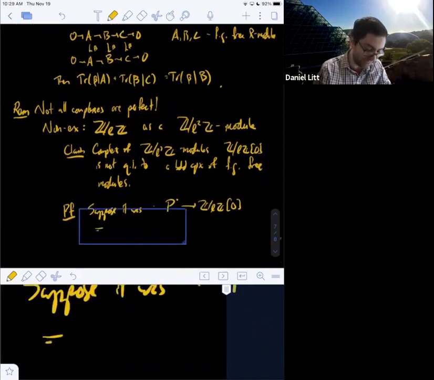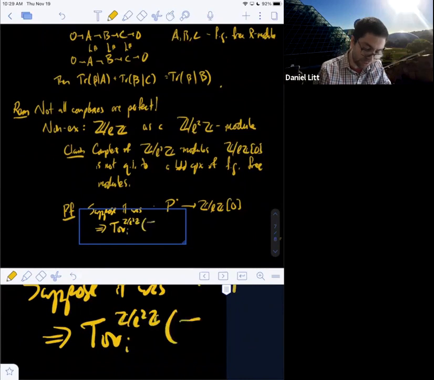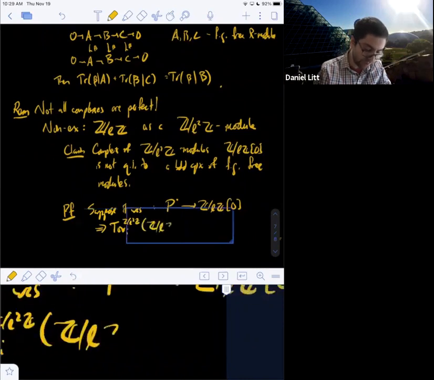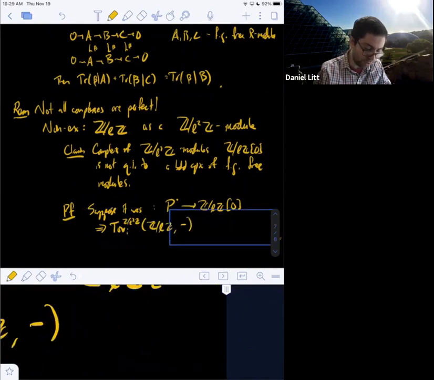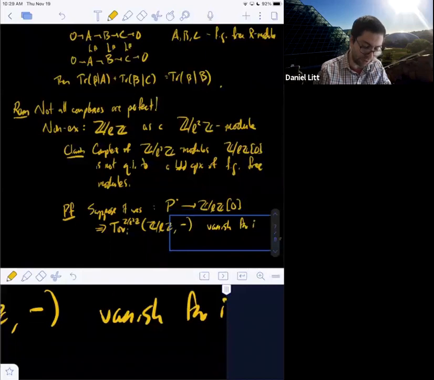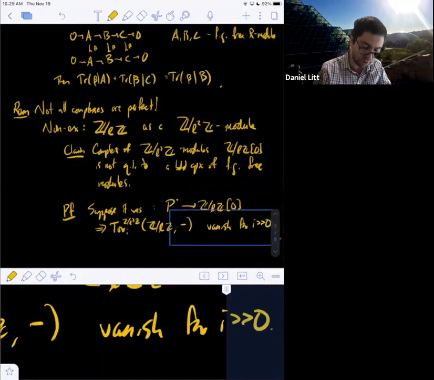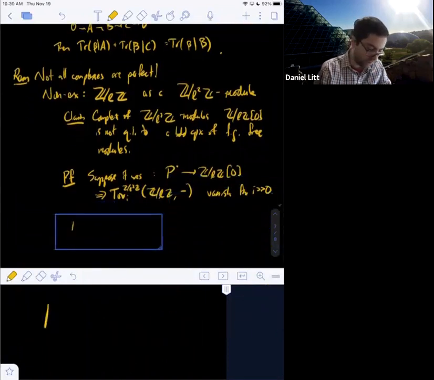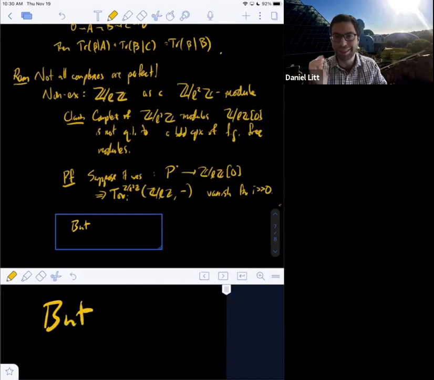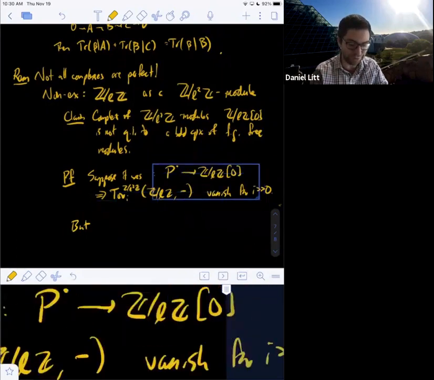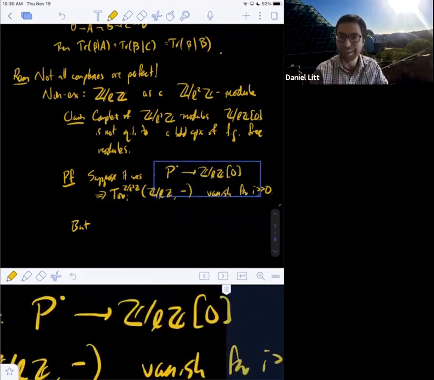By the finiteness of P, this would imply that Tor_i over Z mod L squared Z of Z mod LZ against stuff would vanish for i outside of some bounded range, so for i large. But I claim that doesn't happen. So can anyone help me compute the Tors of Z mod LZ as a Z mod L squared Z module?